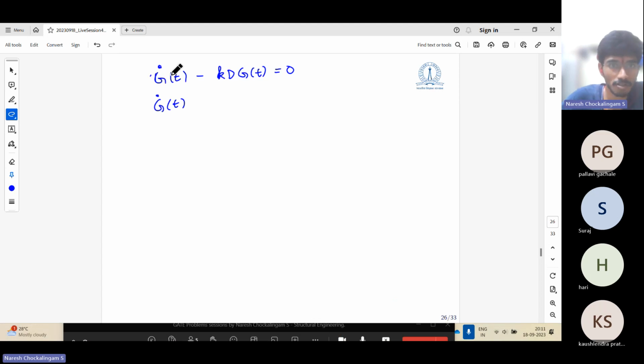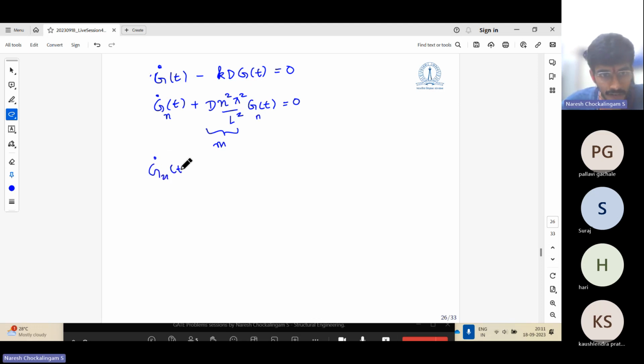So this corresponds to g_n, right? So we get minus into minus, plus d n square pi square by L square g of t equal to 0. Now let us call this as some m. We get g_n dot of t plus m g_n of t is equal to 0.